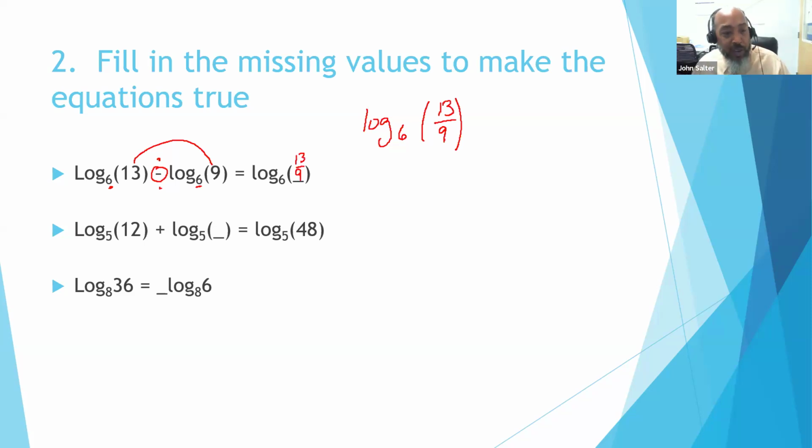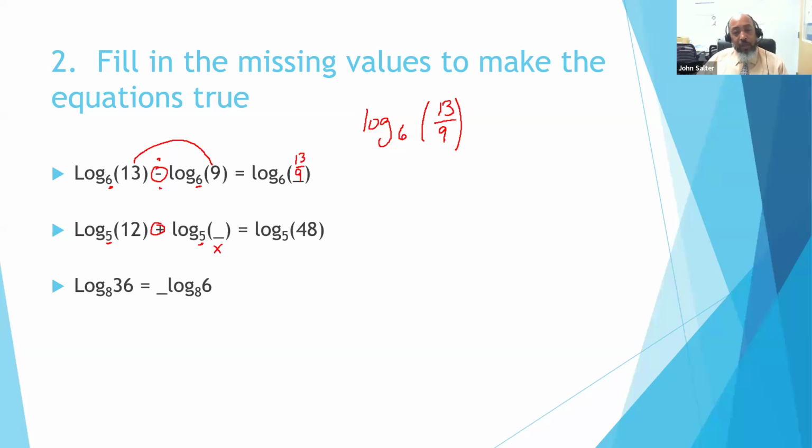Next one, log base 5 of 12 plus log base 5 of something equals log base 5 of 48. So I have another rule of logs that says when my bases are the same and they're separated by addition, I can take the two arguments, in this case 12, and I don't know the other, so I'm just going to call it x. So 12 and x, and I can multiply them.